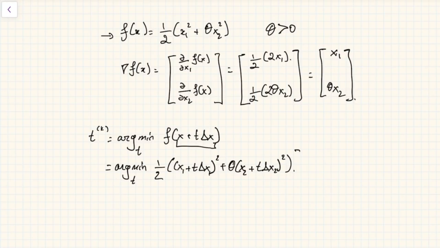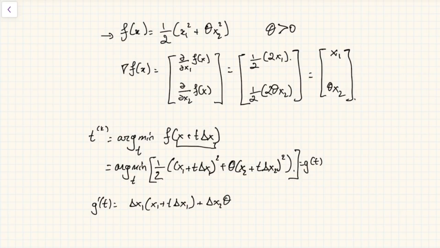So calling this g of t, because it's a function of one variable t, and that's what we're minimizing, then g prime of t is 2 Δx1. Well, you've got a 2.5, they cancel, so I'm not going to write the 2. So Δx1 times (x1 + t Δx1) plus, same thing, Δx2 theta times (x2 + t Δx2).